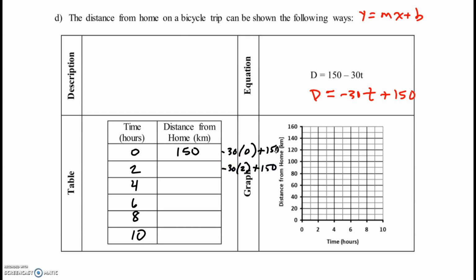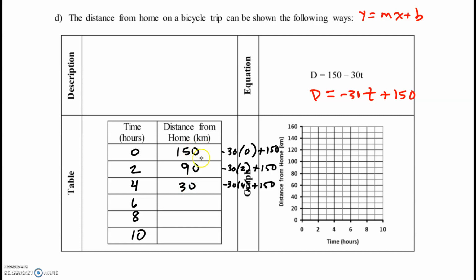So negative 30 times 2 is going to be negative 60, and negative 60 plus 150 is 90. Okay, for 4 hours, it'll be negative 30 times 4 plus 150. So negative 30 times 4 is negative 120, plus 150 would be 30.